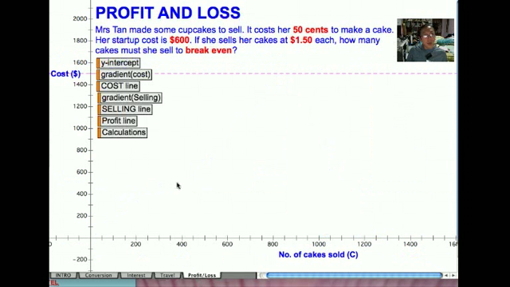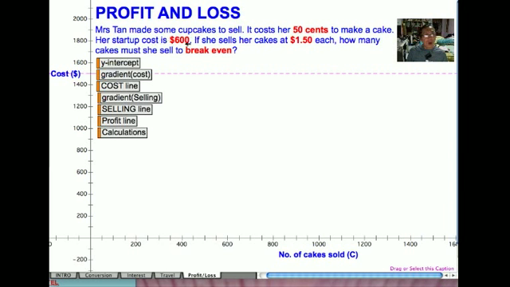In the last example, we want to take a look at the profit and loss of selling cakes. Mrs. Tan made some cakes to sell. It cost her 50 cents to make a cake, and her startup cost is $600.